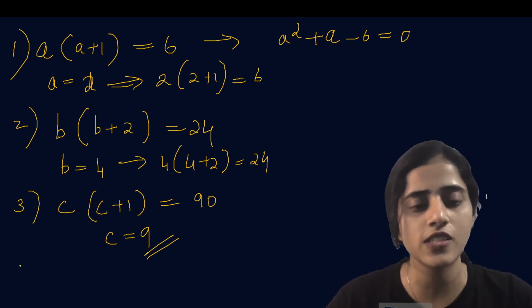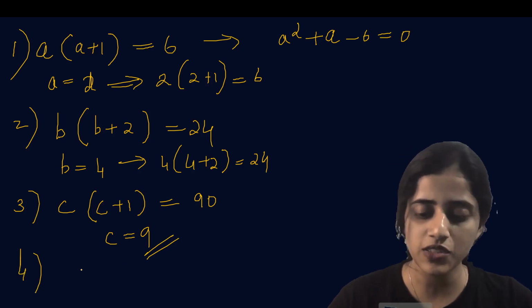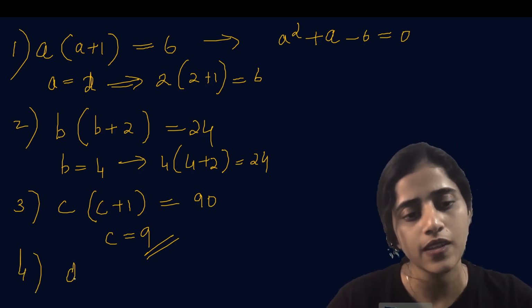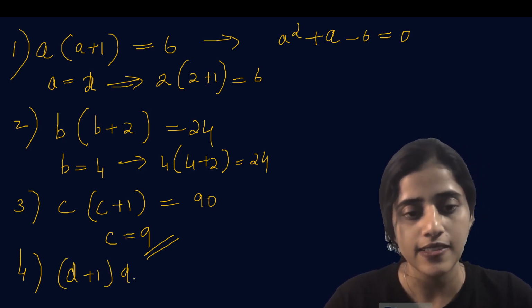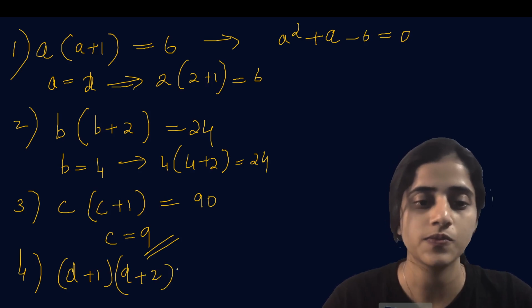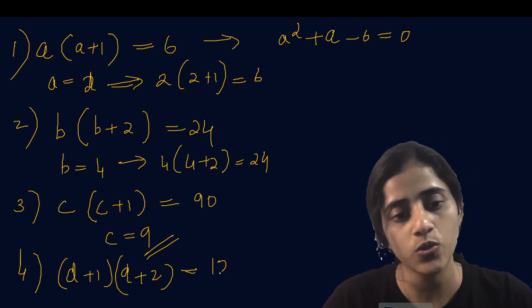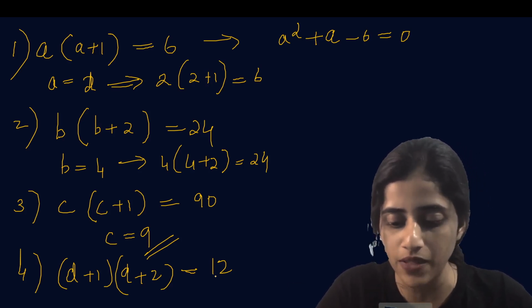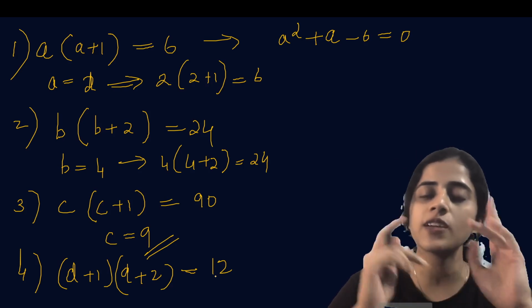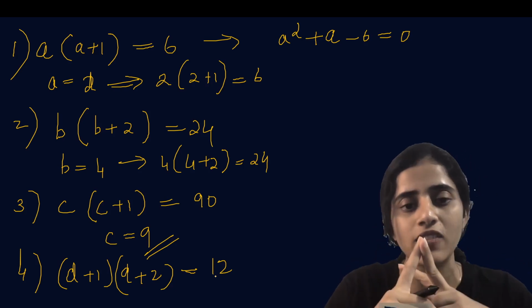And there are some more questions. Another question, let's say D plus 1 and D plus 2 is equal to 12. How will you solve it? So D plus 1 and D plus 2 should be equal to 12. So we know that 3 times 4 is 12.